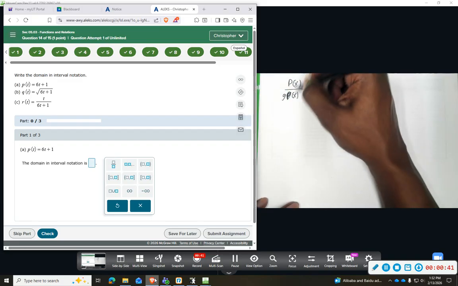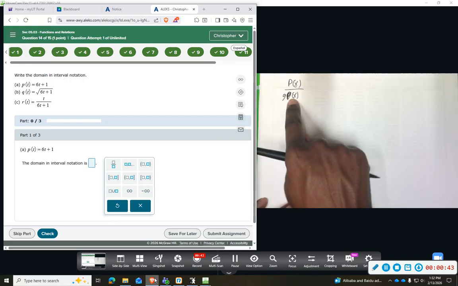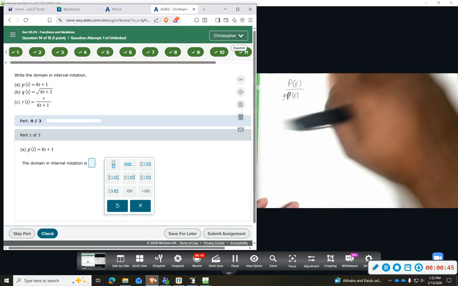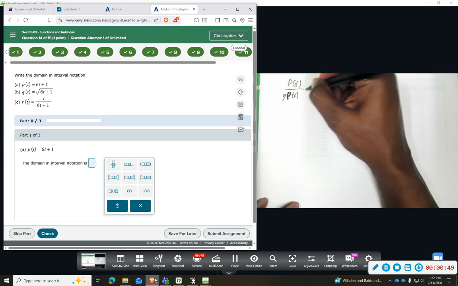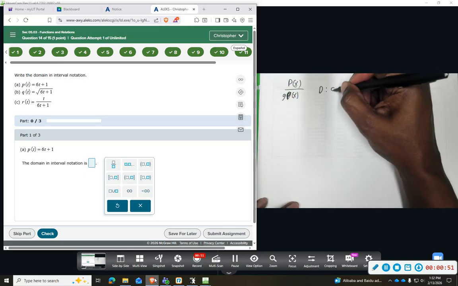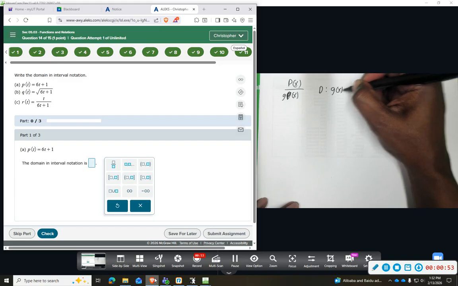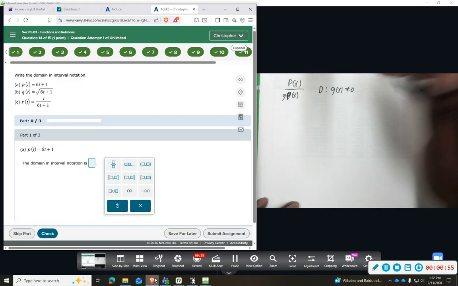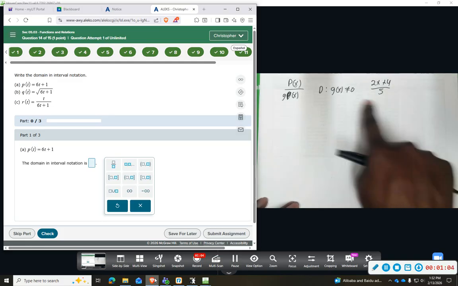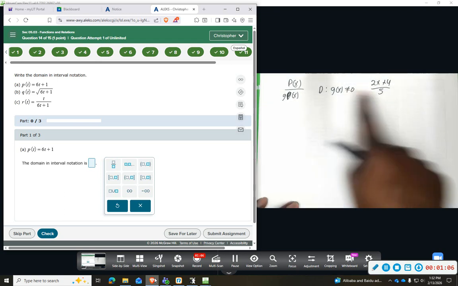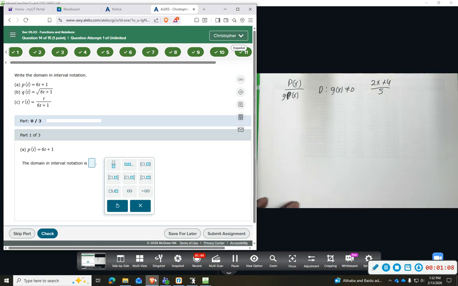When you have a rational function, if you have x in the bottom specifically, we find our domain by taking only the bottom, so g(x) in this case, and setting it not equal to 0. So, for example, if I had, let's say (2x + 4) divided by 5, this would not pose a problem. There's no x in the bottom, so my domain would be fine.